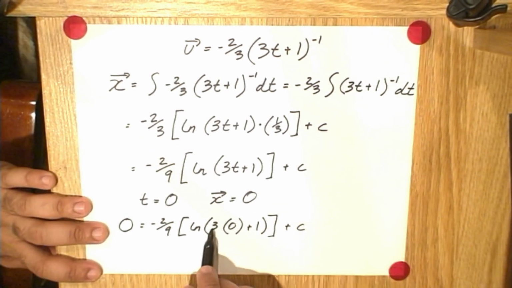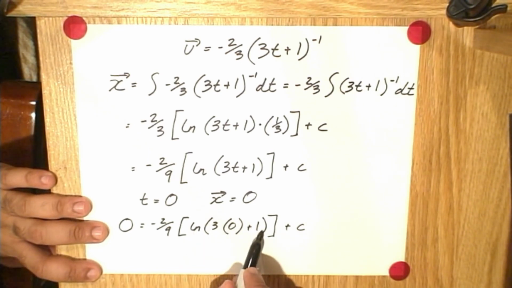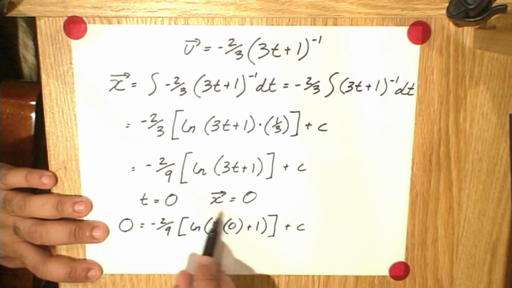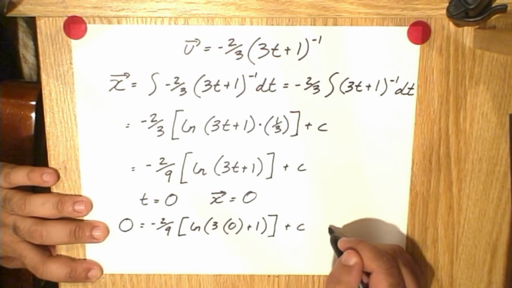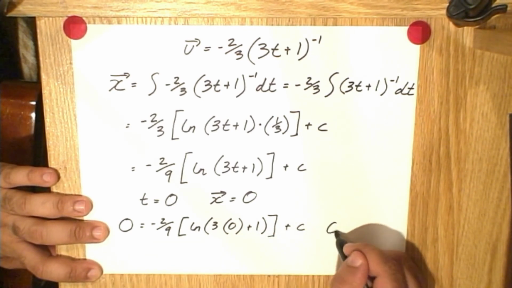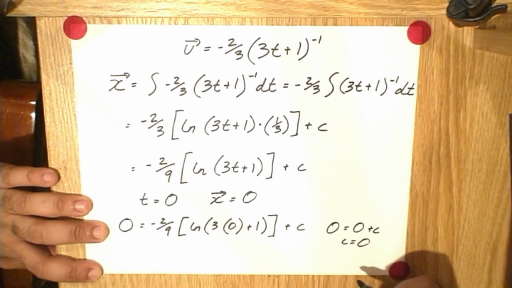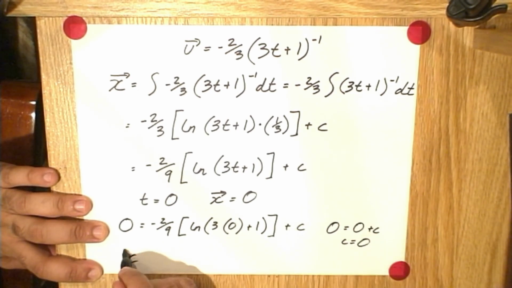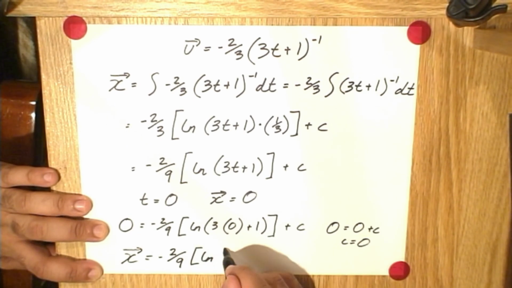Now, 3 times 0 is 0, plus 1 gives us 1. The natural logarithm of 1, that's the ln of 1, is 0. So this entire term over here works out to 0, which means that we get 0 equals 0 plus c, so c equals 0. And the position is equal to negative 2/9 the ln of 3t plus 1.